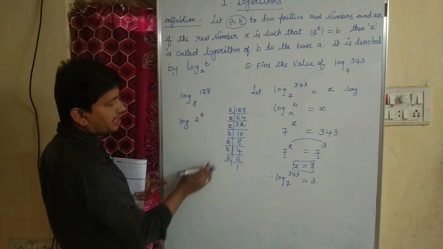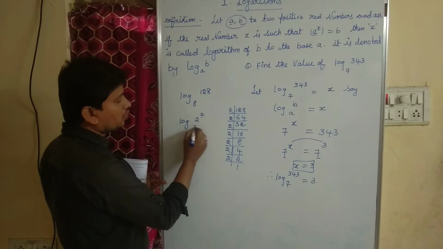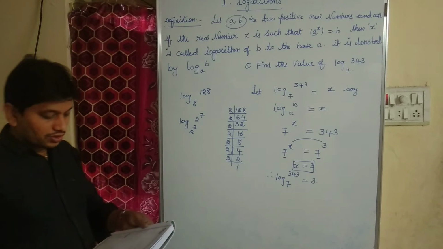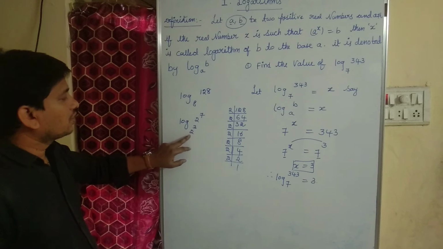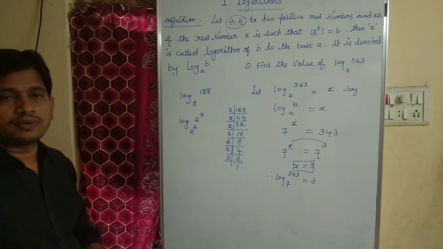And how can I write 8? 8 I can express as 2 raised to the power 3. Right? So it is in the form of log 2 raised to the power 7 to the base 2 power 3.